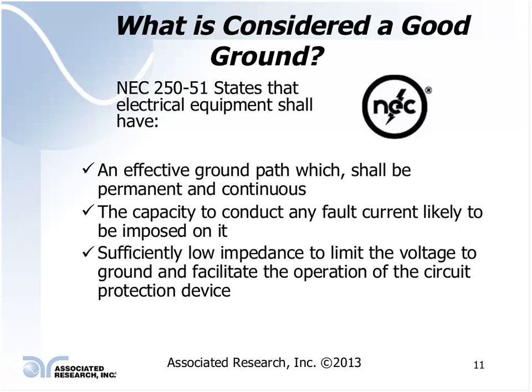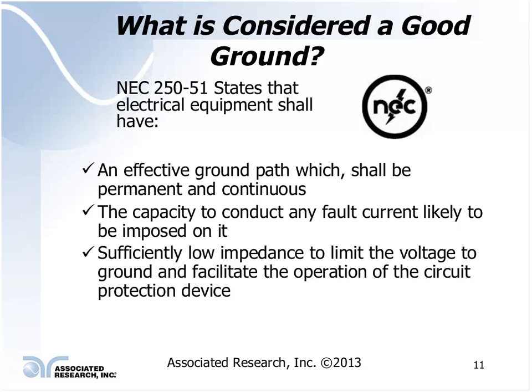That ground circuit must have a large enough conductor to be able to handle any fault current that could be imposed upon it, so that the ground circuit does not act like a fuse. Its impedance must be low enough to limit the voltage to ground, so there's no voltage drop in that circuit that would allow the chassis of the item to elevate in voltage and cause a shock hazard.